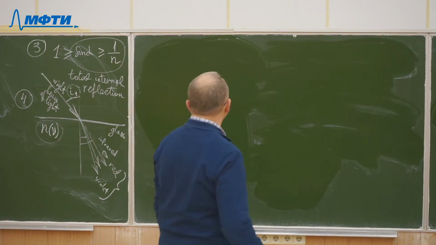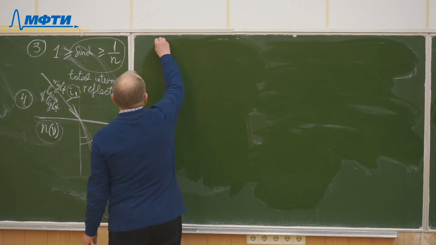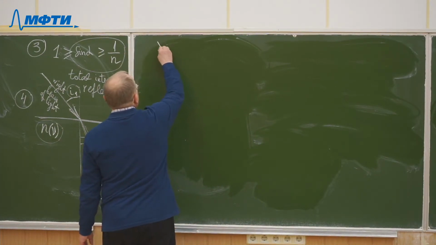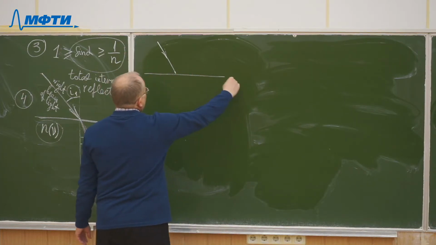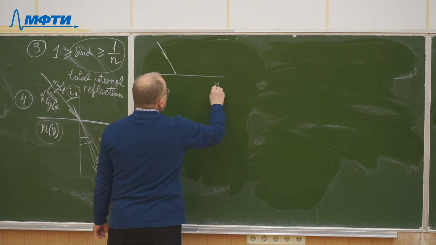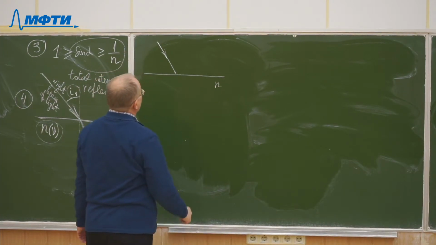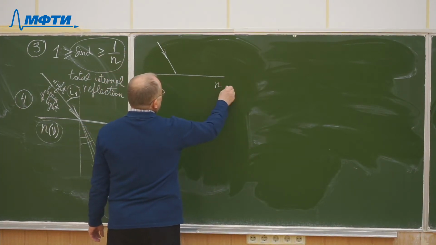So the problem will be this one. We have an incident ray of light, and it falls on the surface of some refractive medium which has a refractive index n.